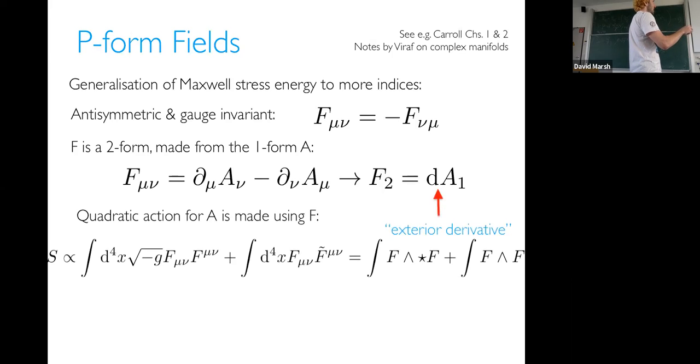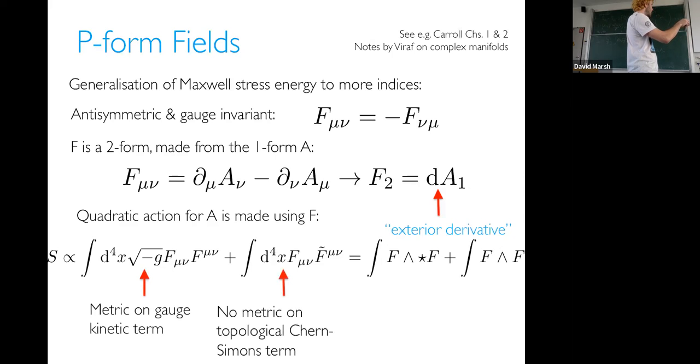We can make an action for the field A using F. We can make a quadratic action that's gauge invariant and will give us the right equations of motion. This action here that we know, the Maxwell action, d4x square root minus g F squared, d4x F F-dual, we can write using this notation of forms as F wedge star F plus F wedge F. See the metric appears in the gauge kinetic term here.